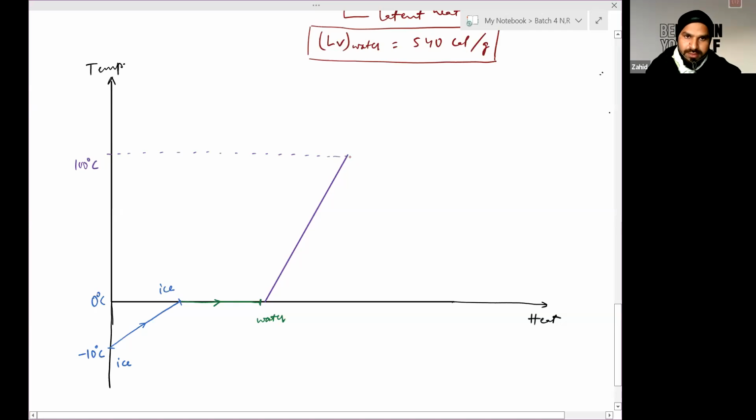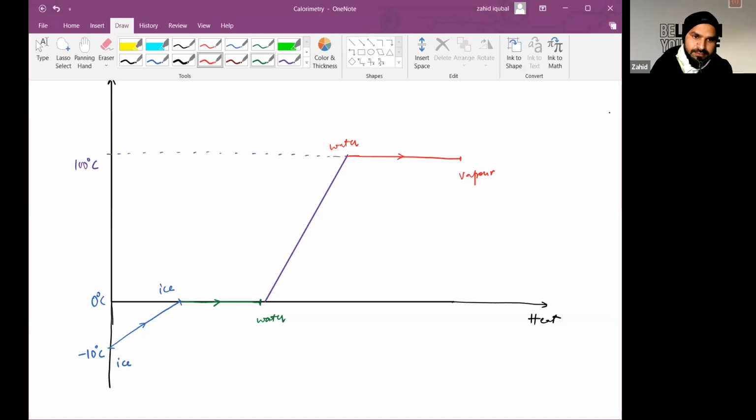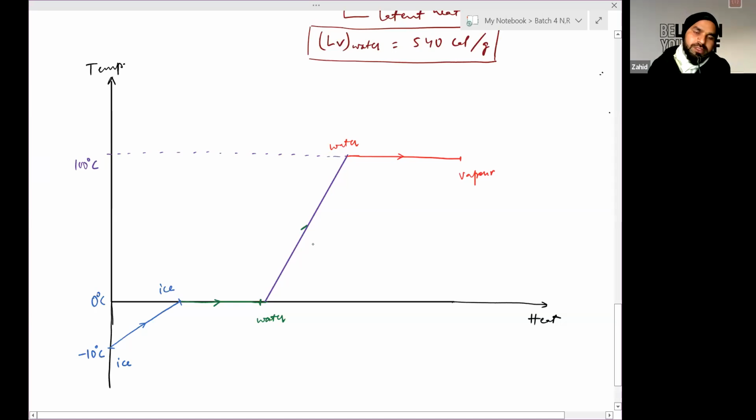On further heating, it will start to change its state from water to steam. Initially it is in the state of water. Now it gets converted into vapor. So this will be termed as latent heat of vaporization. From water at 0 degrees Celsius to water at 100 degrees Celsius, it changes its temperature, so we can call it specific heat.